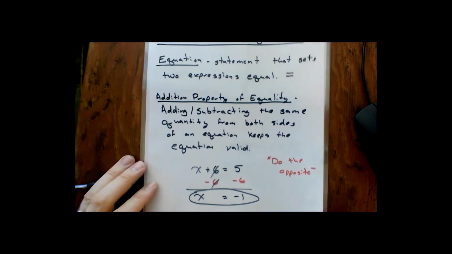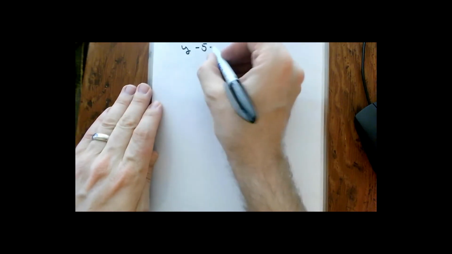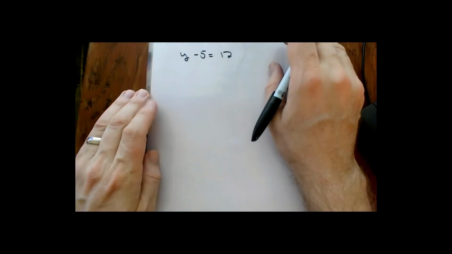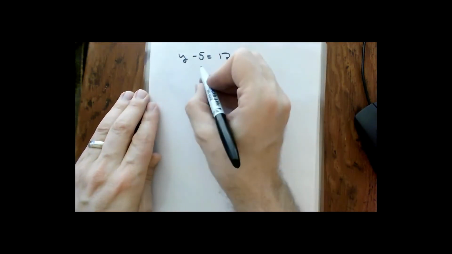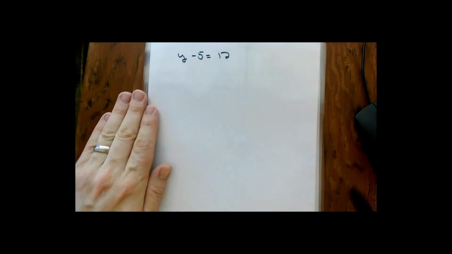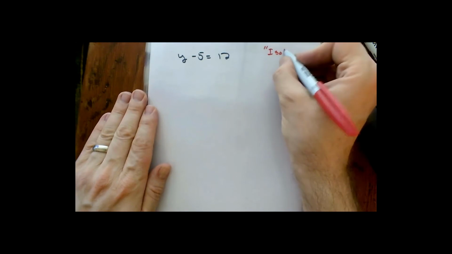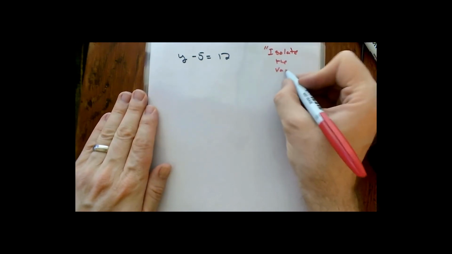Let's do it again, only this time instead of adding something, let's do y minus 5 is equal to 12. I'm once again going to do the opposite. The technical term for what we're doing is isolating the variable.